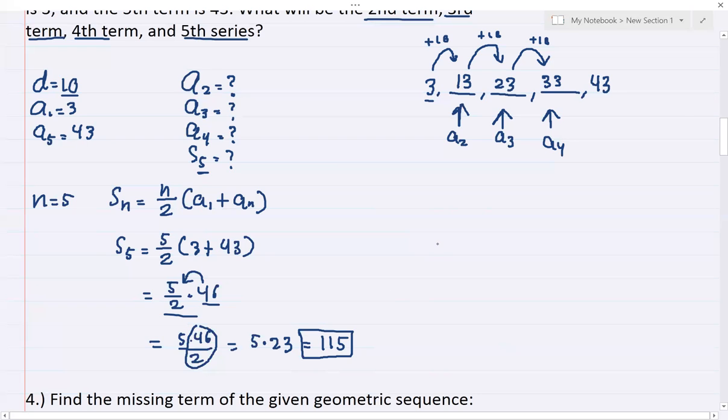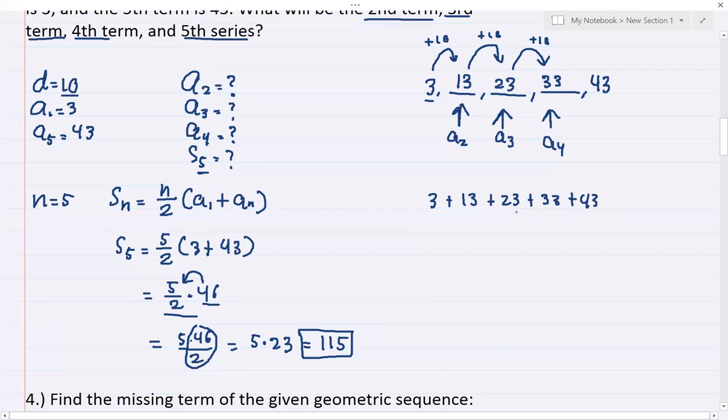Okay? Or, because you have only 5 terms, you can just simply add them. All right? So you will have 3 plus 13 plus 23 plus 33 plus 43.